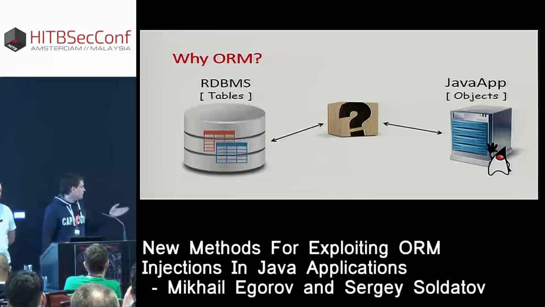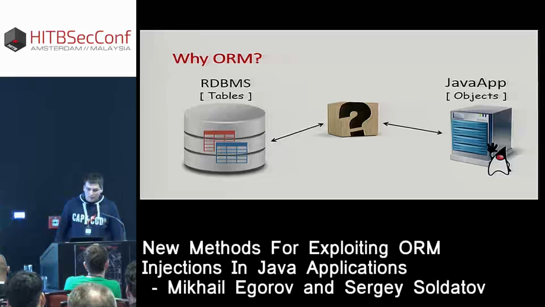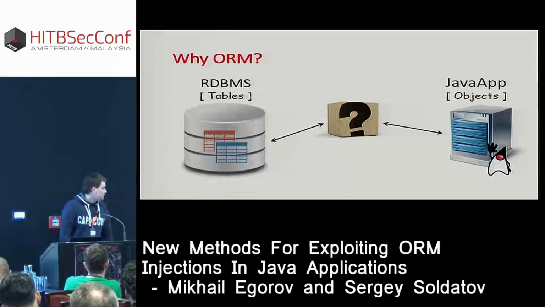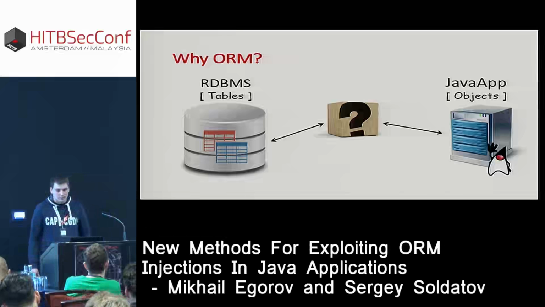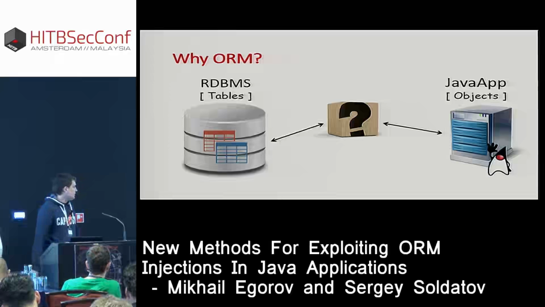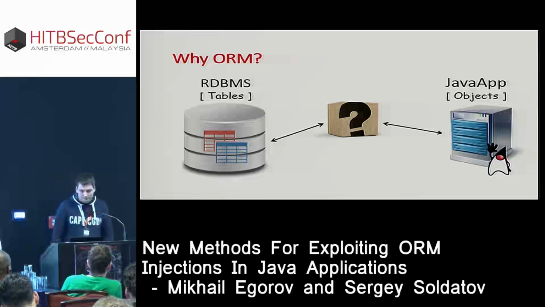On this picture, you can see ORM is the box in the middle between the database management system and the Java application. ORM communicates with the database management system, fetches data from tables, and automatically converts this data into Java objects.